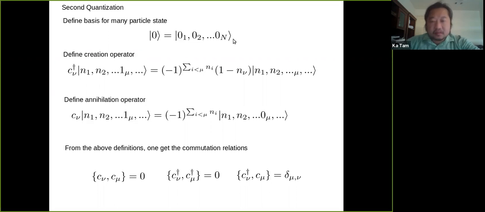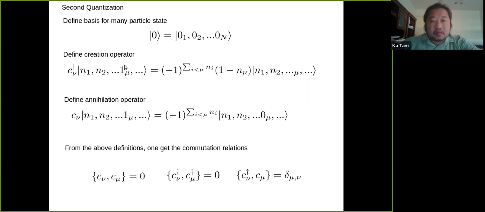Then we define the next step. We define the creation and annihilation operator. Let's say we want to create a particle at state nu. We define this creation operator C dagger nu, and what C dagger nu is doing is, sorry, I made a mistake.